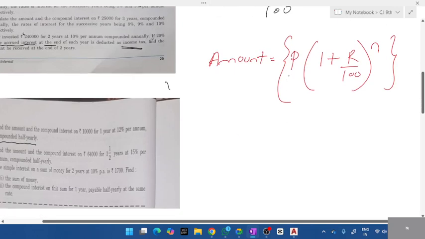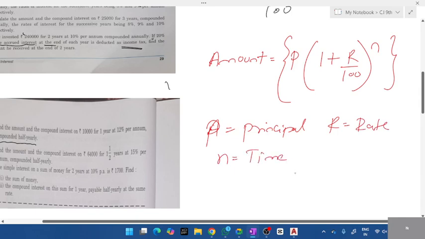So in this, what does P stand for? P stands for principal, whatever principal you have taken. R stands for rate. N stands for what? Power is correct, but N is time.